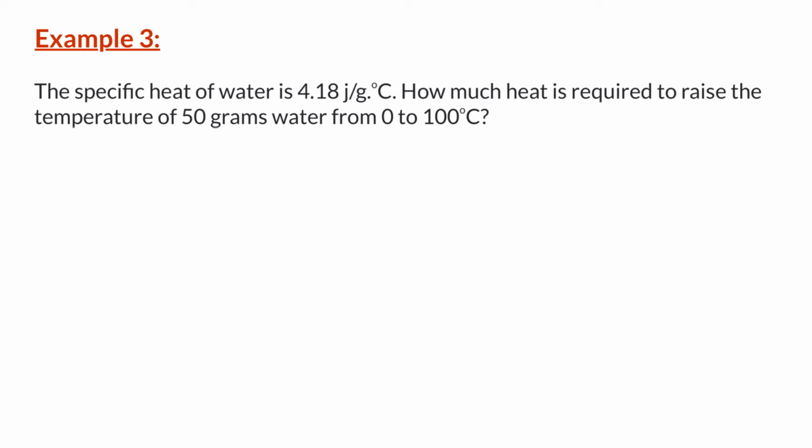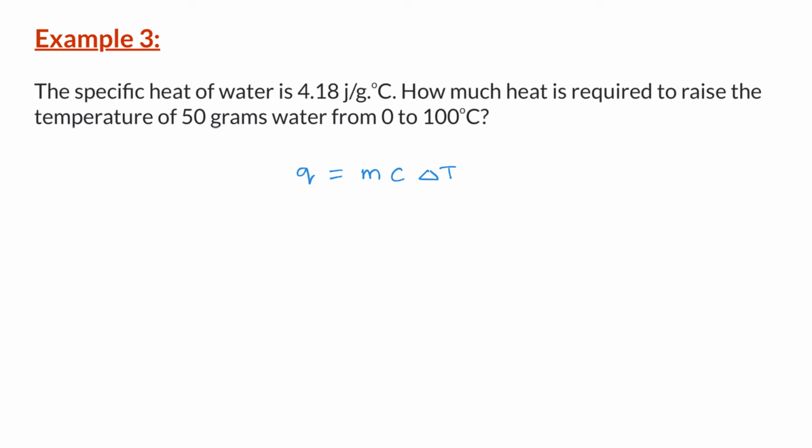The heat absorbed or released and the temperature change of the substance are related to each other by the formula Q is equal to mc delta T, where Q is heat absorbed or released, m is mass, c is the specific heat, and delta T is the temperature change.